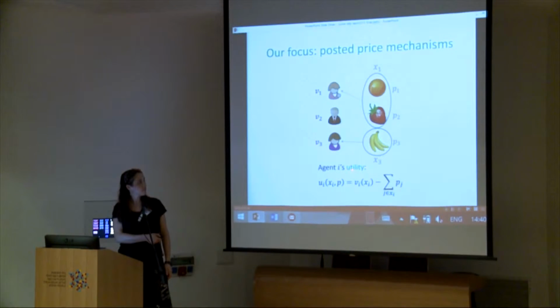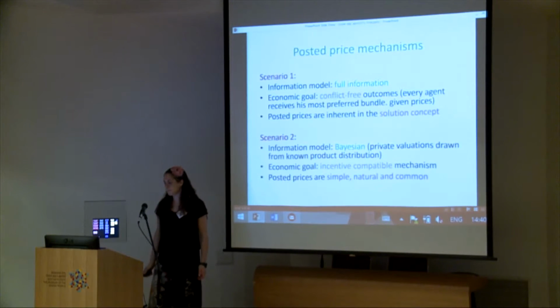So the utility of an agent under an allocation xi and a price vector p is his value for the bundle he gets minus the sum of payments of the items in his bundle. Any questions so far about the model? Good.